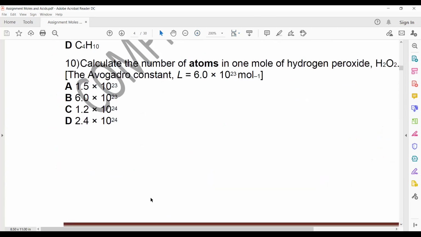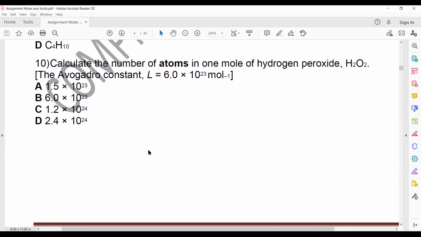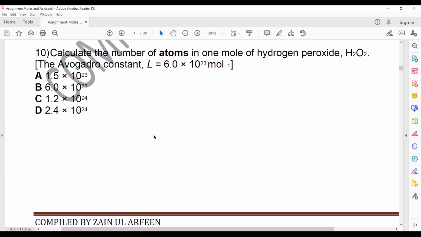Okay, in the next question, calculate the number of atoms in 1 mole of hydrogen peroxide. So how many atoms, if we have 1 mole of hydrogen peroxide?